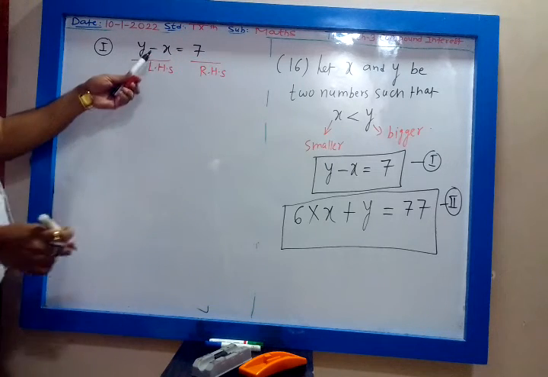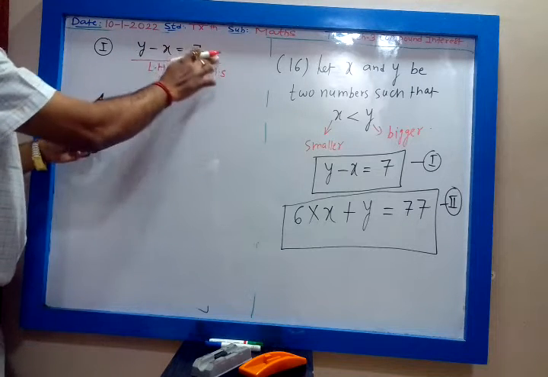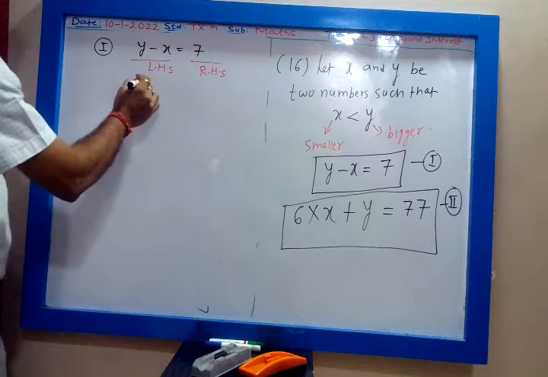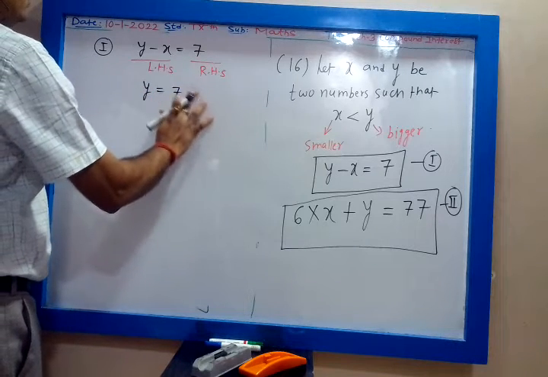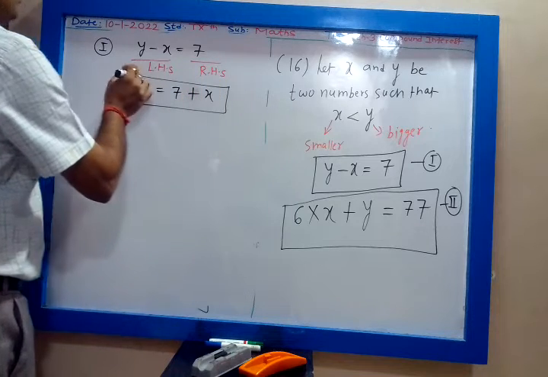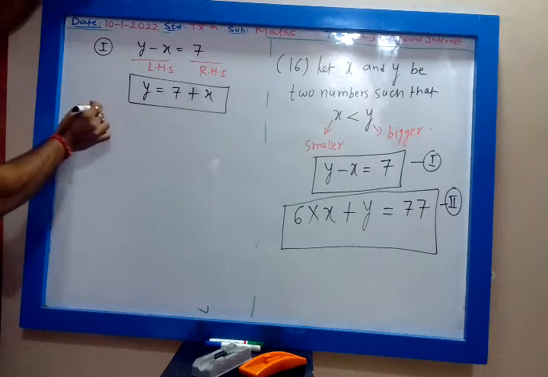If you see on the left hand side, it is minus x. So when I take minus x on the right hand side, it will be plus x. So y is equal to 7 plus x. Now this value I will put in equation number 2.